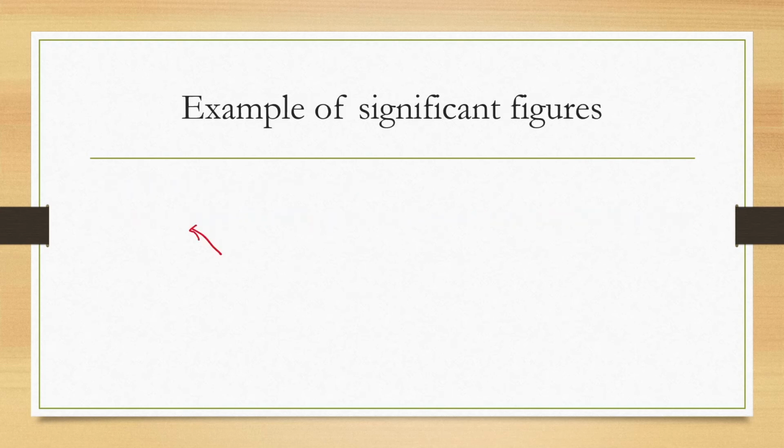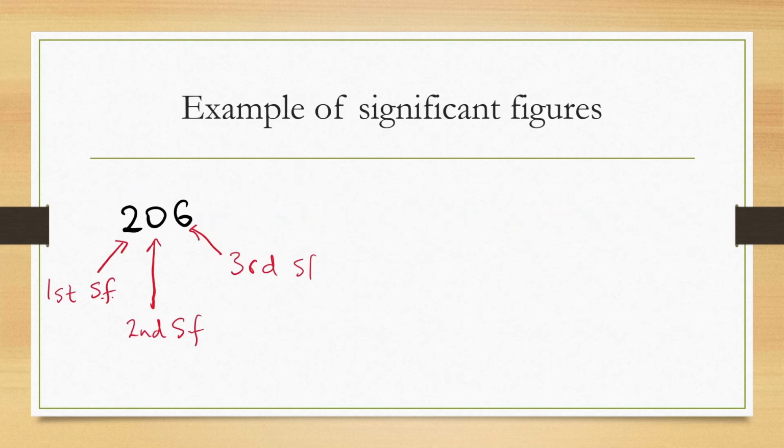Now, an example of significant figures. I'm going to use 206 as an example first. The number 2 is the first significant figure. You always count from left to right when you count significant figures. So 2 is the first significant figure, 0 is the second significant figure, and 6 is the third significant figure.